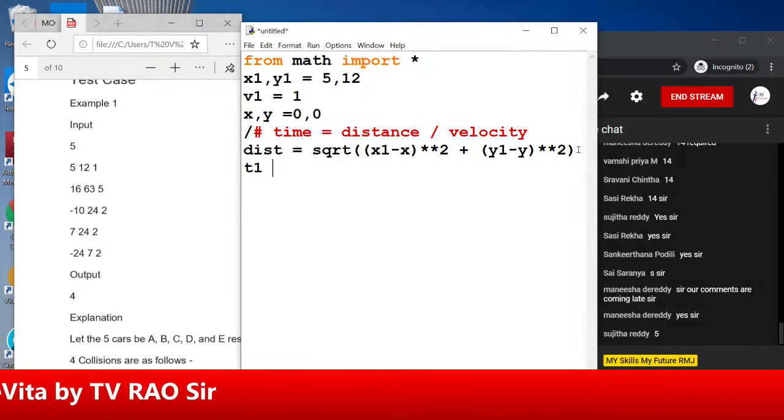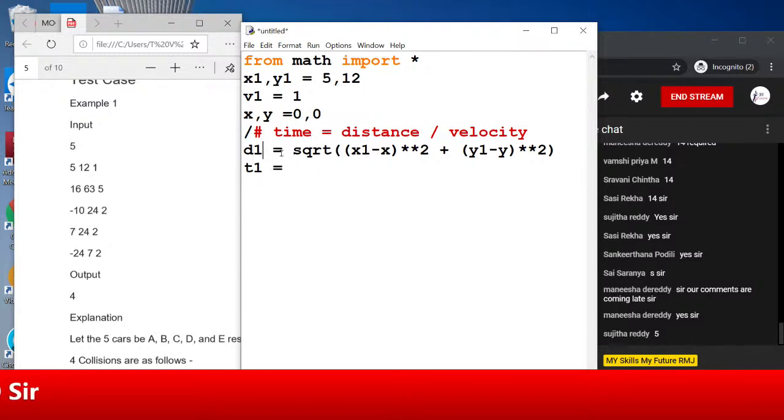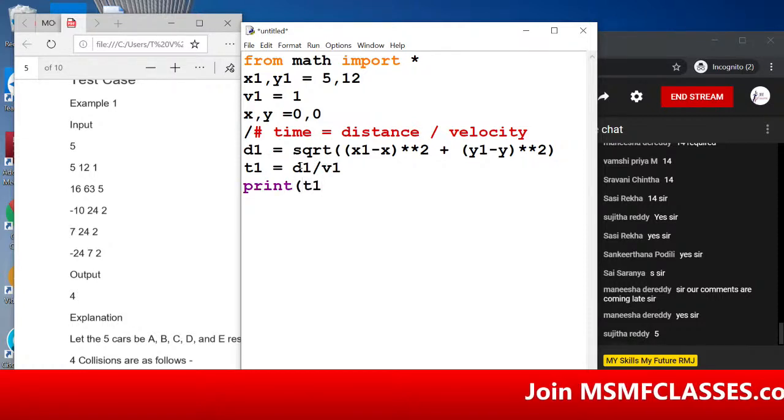Now what is time? This is distance 1. Let us call this distance 1. What is time? Distance by velocity. Okay, now print time.